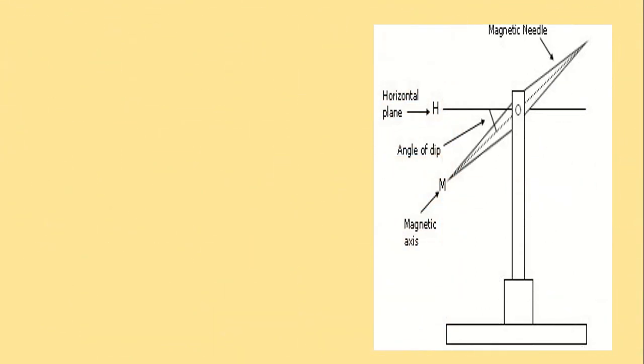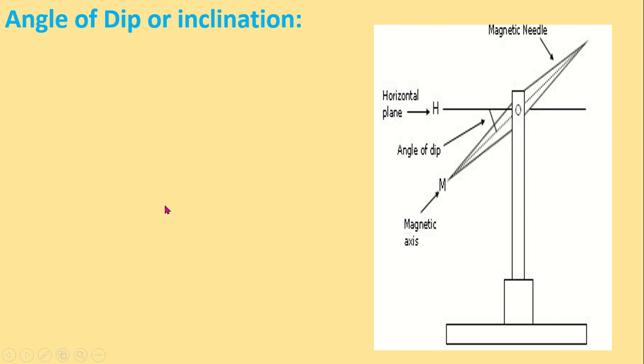Now I will explain angle of dip or inclination. A wooden rod suspended by a torsion-free thread from the center of gravity always remains horizontal, isn't it?